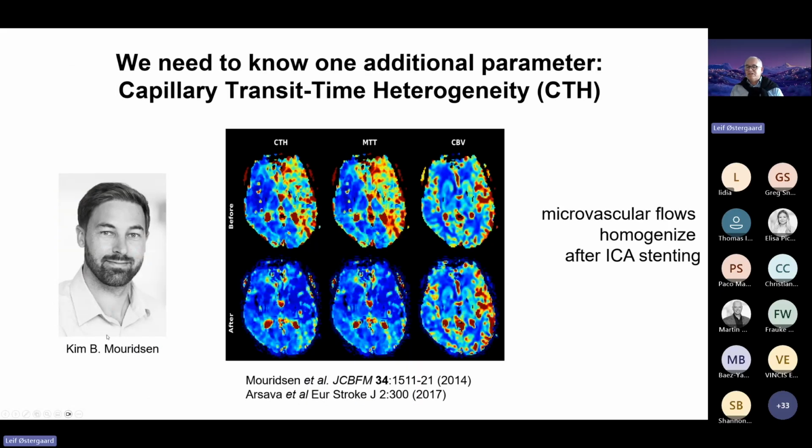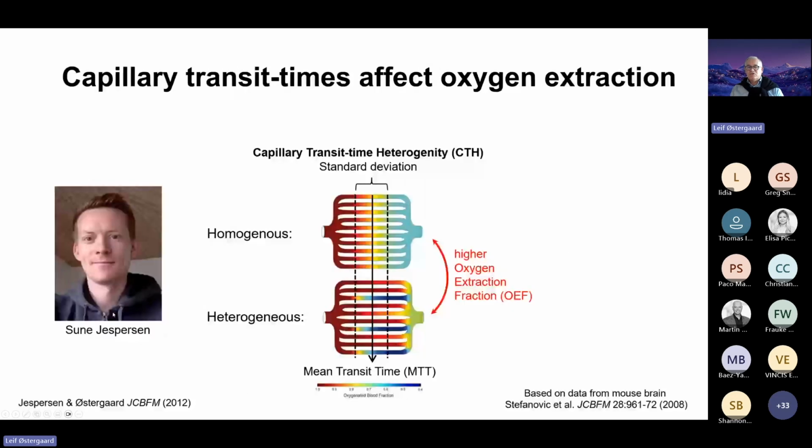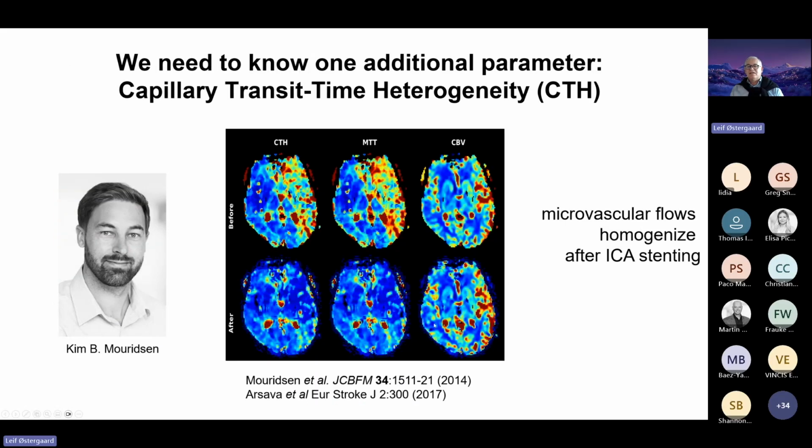And Kim Moritzen here, and I should say that the one you saw just before, Sune Jespersen, developed a model so that based on mean transit time and transit time heterogeneity, we can predict oxygen extraction fraction. And Kim Moritzen then developed a technique so that we can measure this transit time and mean transit time, as you see over here.